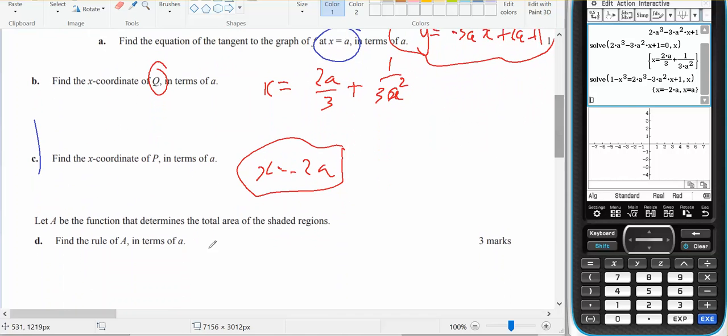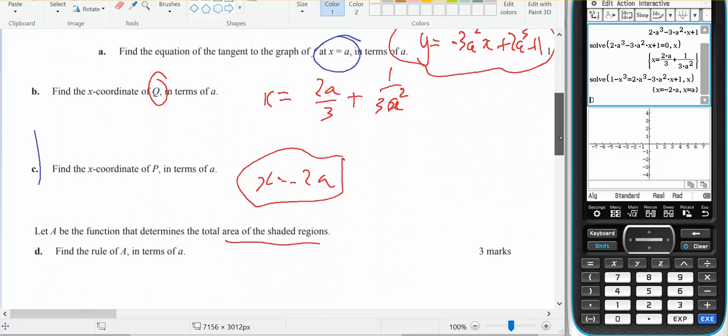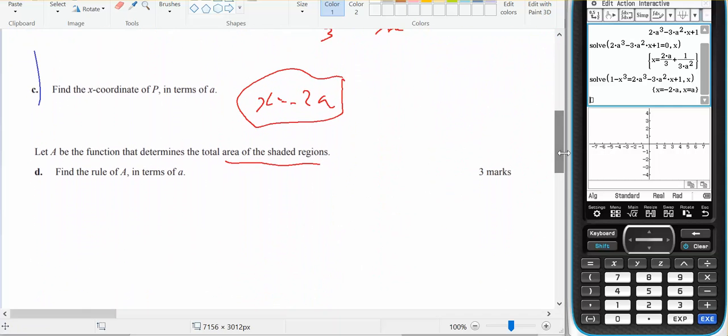Okay, let A be the function in terms of a, the total area of the shaded regions. Find A in terms of a.